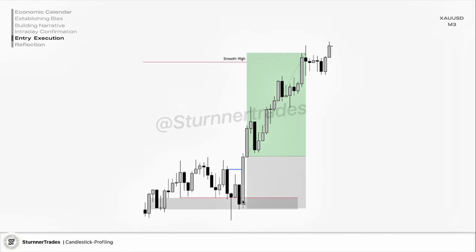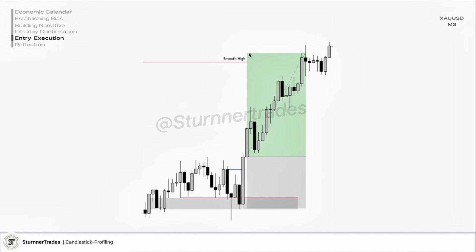That's my entry trigger. Soon as I spot that change in state, I enter on the next candle open, place my stop loss right below the low that created the CSD, very tight and logical. And from there, I'm aiming for 2R in direction of the anticipated buy side liquidity.